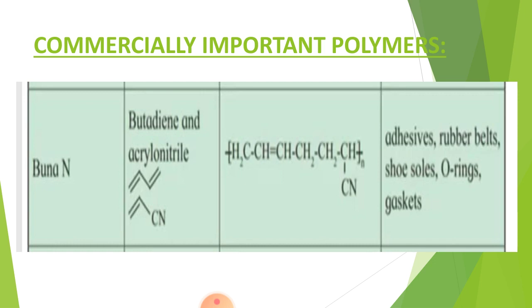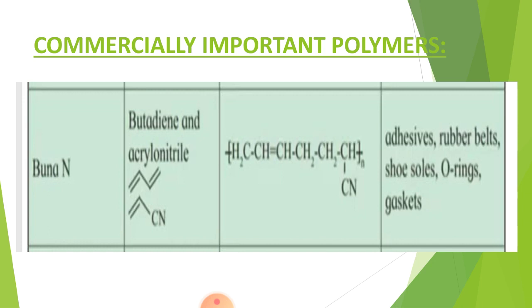So this Buna N is your copolymer. It undergoes the polymerization process, and it is a copolymer, meaning we have used two different monomers for the preparation of Buna N. And what are those monomers? They are butadiene and acrylonitrile. The structure has been given for the same.